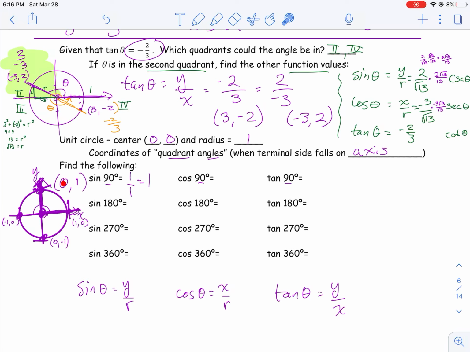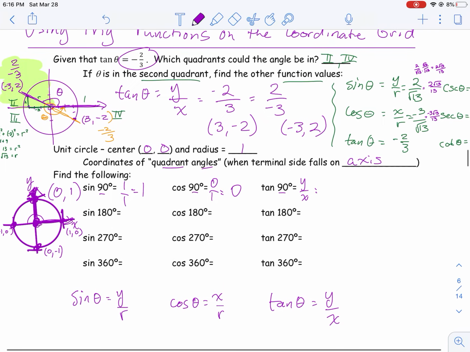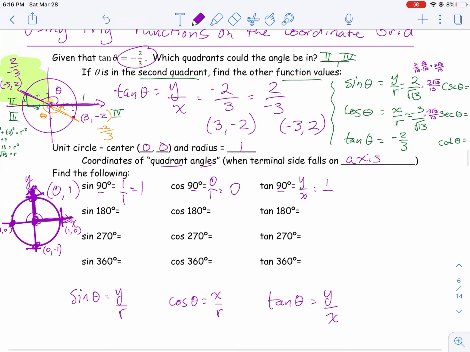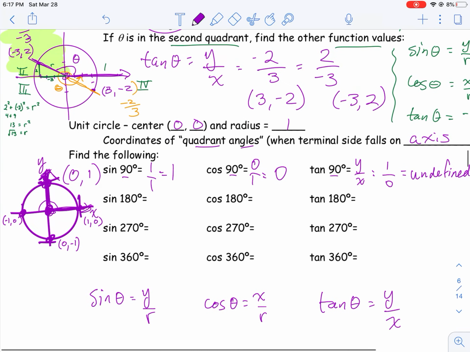Cosine of 90 then is x over r. So my x value is 0, my radius is 1. So I get 0 over 1, which is 0. Tangent then is y over x. My y value is 1. My x value is 0. Go ahead and type it in if you need to, but what's 1 divided by 0? It's undefined. So sometimes we will get undefined as an answer as a ratio.